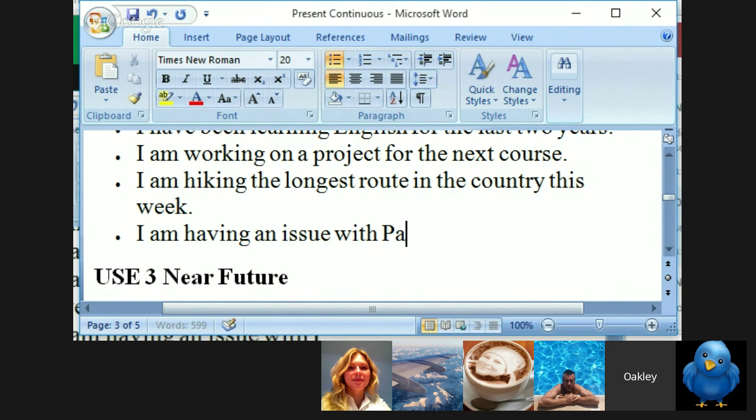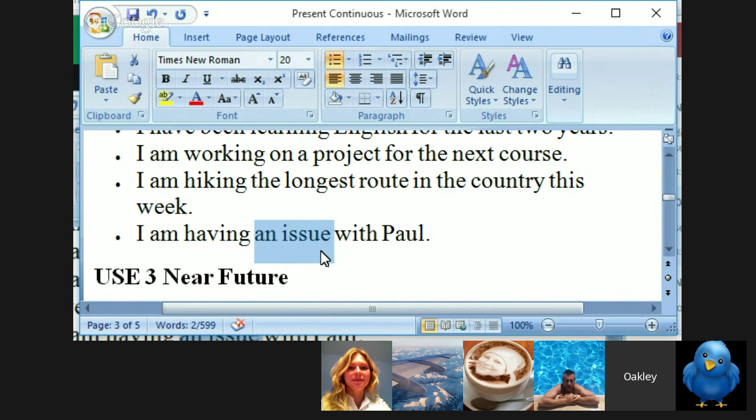I'm having an issue with Paul. Okay, this is a great one. It's a great one because it co-locates with its object noun, issue. An issue is a problem that usually goes on and on over a period of time.